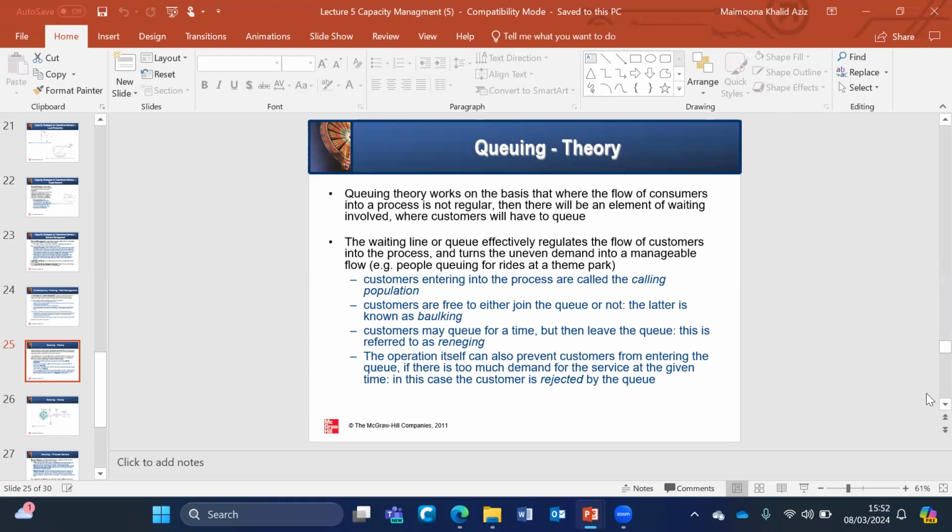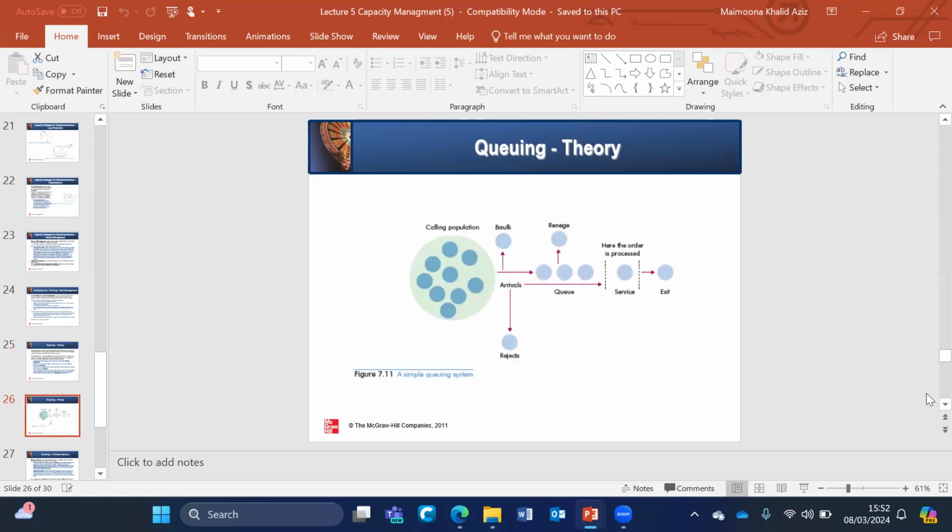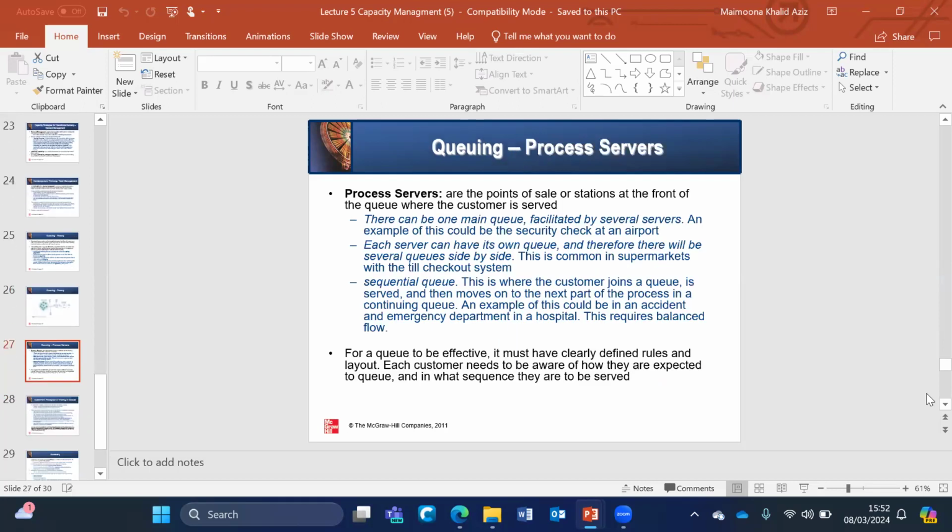And then if a customer enters the queue but after a few minutes, maybe half an hour or something, they feel like they don't want to stay in the queue, this is called reneging. Now, we can see there's customers that are balking, that are reneging, that we are rejecting, and then the rest of the customers get in line, they get what they need, and then they exit the system.